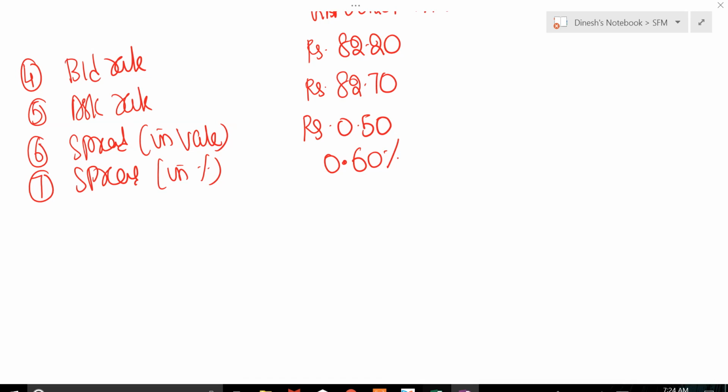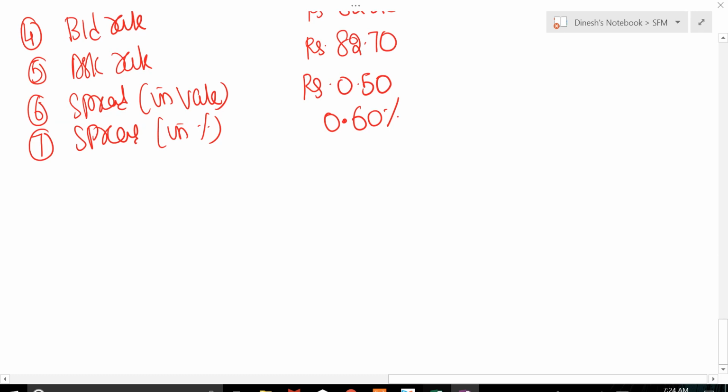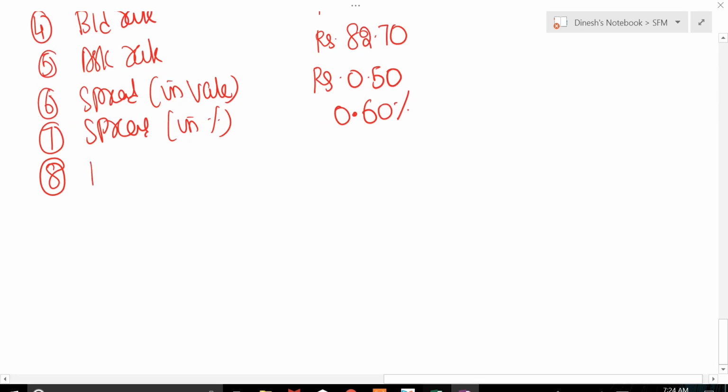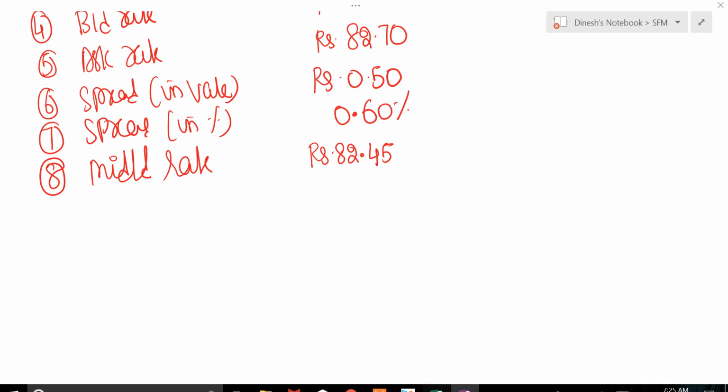The next one is the middle rate. What is the middle rate? 82.20 plus 82.70 divided by 2, which is 82.45.